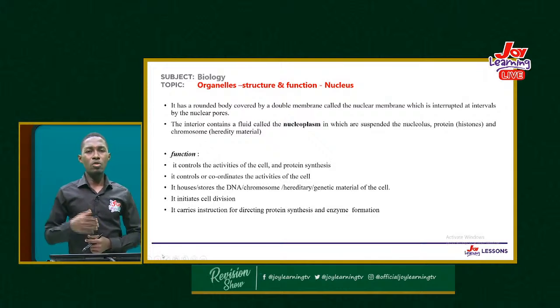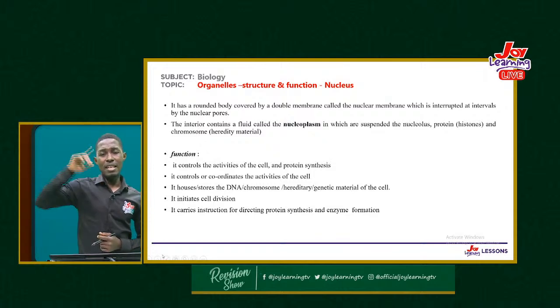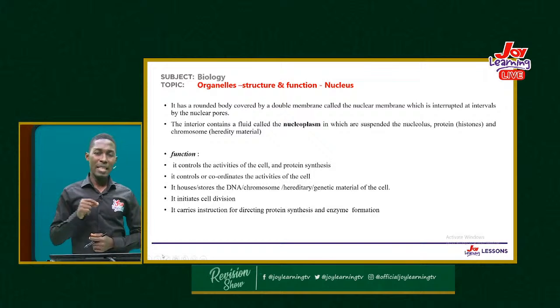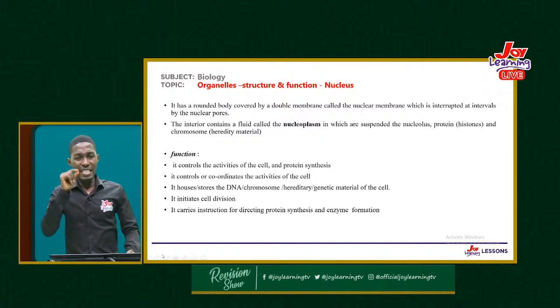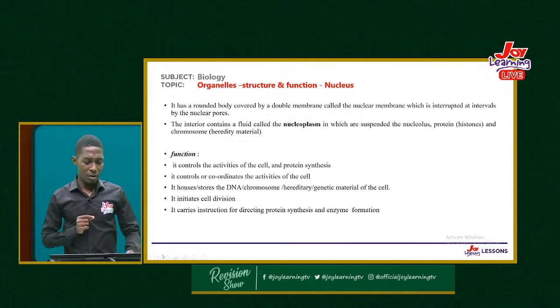Now, enzymes are going to control the metabolic pathways in the cell. So indirectly, it is the nucleus that is controlling the metabolism, which controls the activities of the cell. So we say that it is the nucleus that indirectly is controlling everybody in the cell.